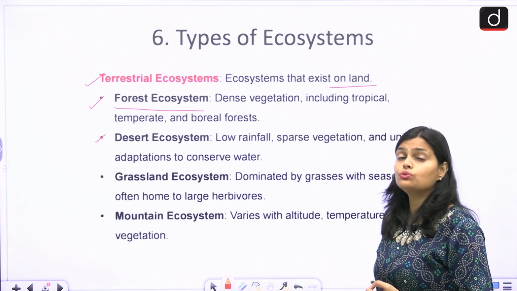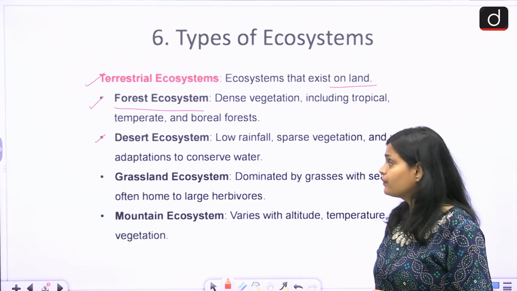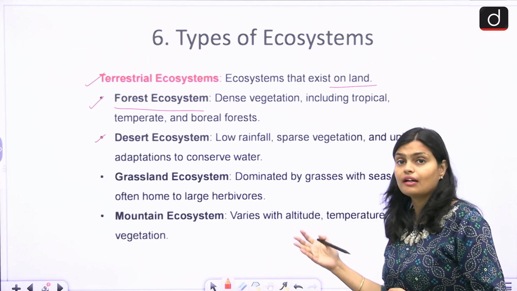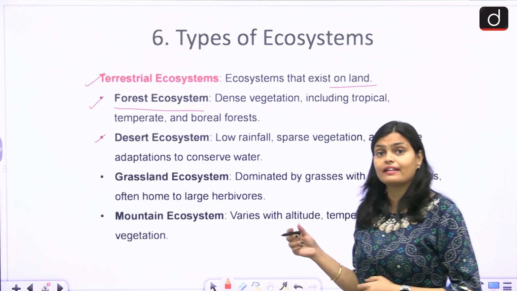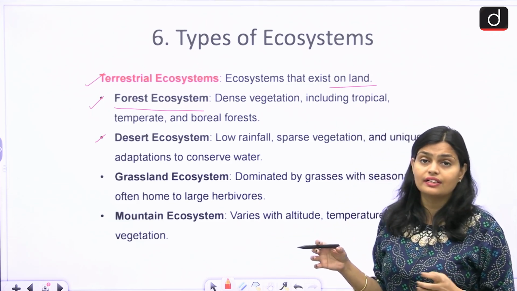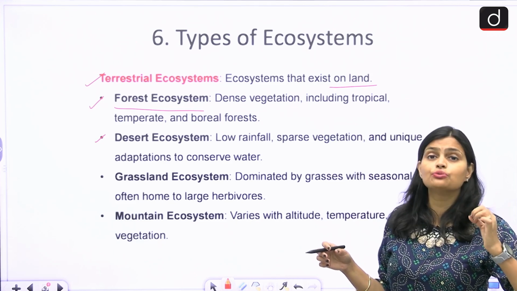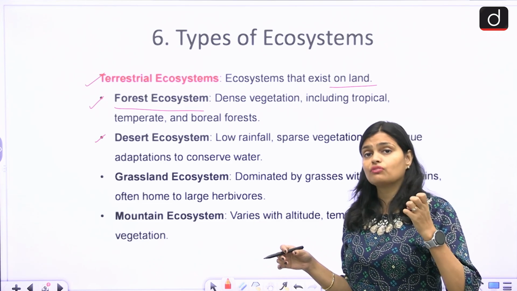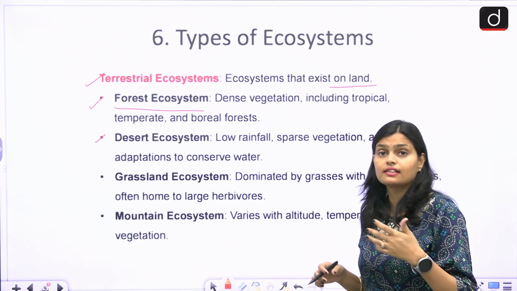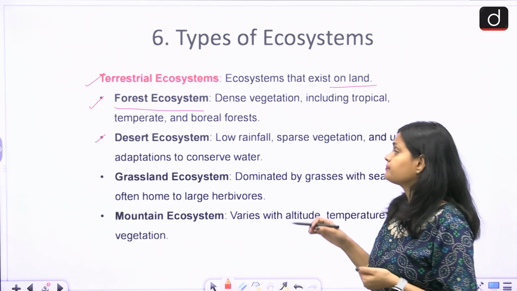Plants like cactus have leaves that change into spines with a cuticle, so the number of stomata becomes less and the transpiration rate becomes low.